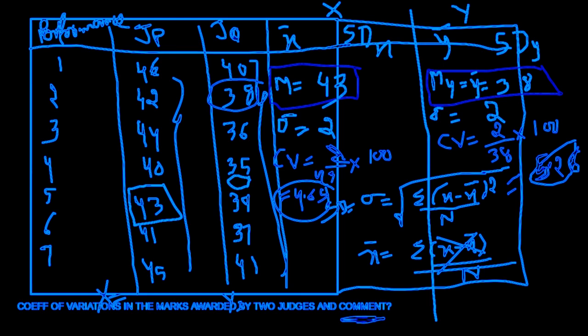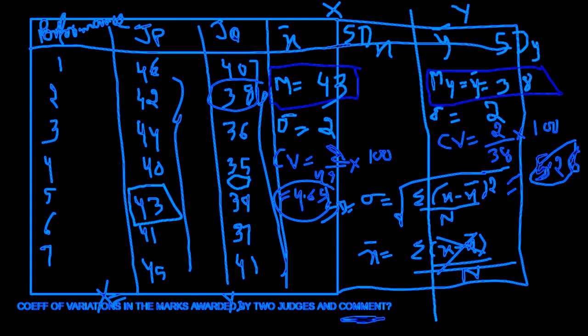So who is giving more marks to the candidates? P implies what? He is more liberal in giving marks. Yeah, he is more lenient in checking.